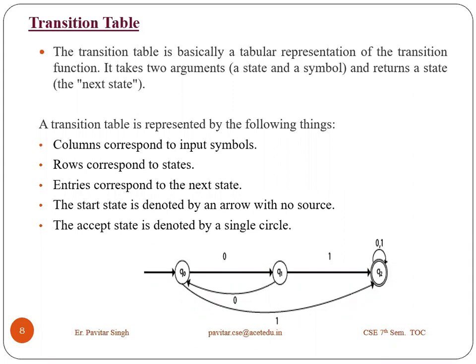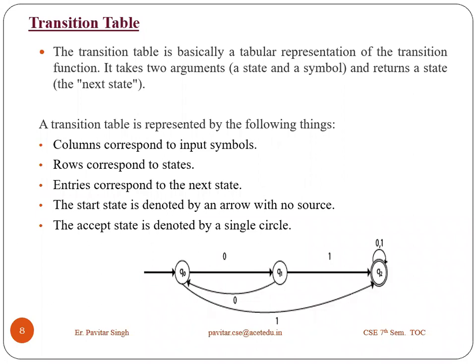The first thing says that the columns correspond to input symbols, right? So let's suppose I have to make the table for the given diagram, which is shown in front of you in the PPT. Let's suppose this is the input 0 and this is the input 1, right?